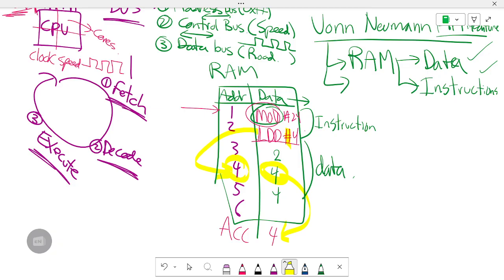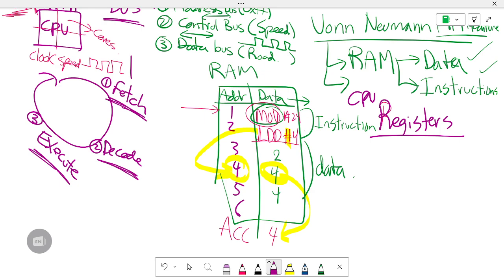But the key information is we have these things called registers. And the CPU registers, I'm just going to briefly talk about them. Wendy, tell me one CPU register. What is the very first register that we use?